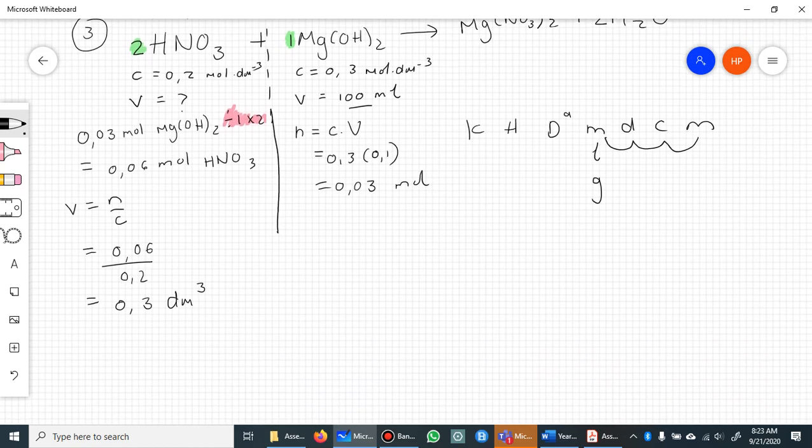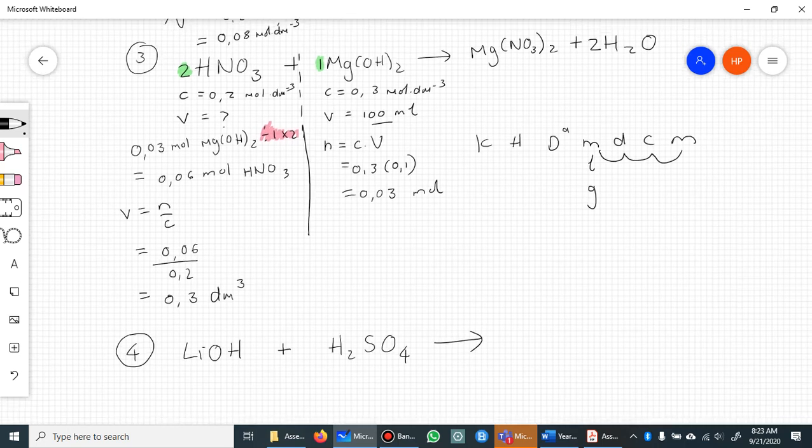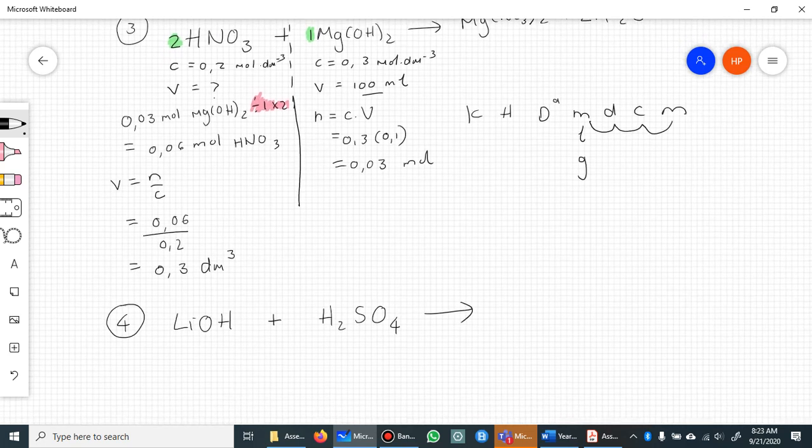I'll leave that up if you're still writing that down. Okay, number 4. I'm going to put them into words now. I'm not going to put them into the table straight away because this is how they'll do it in a test, obviously. So calculate.